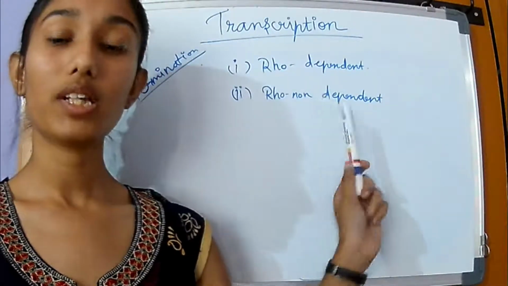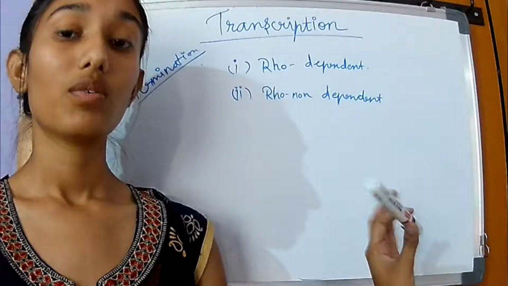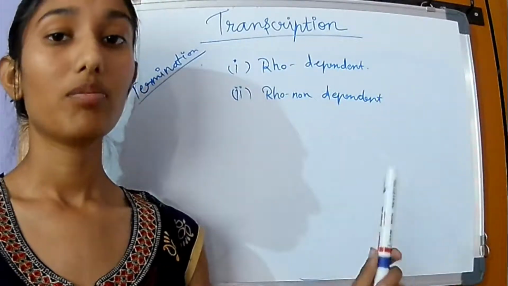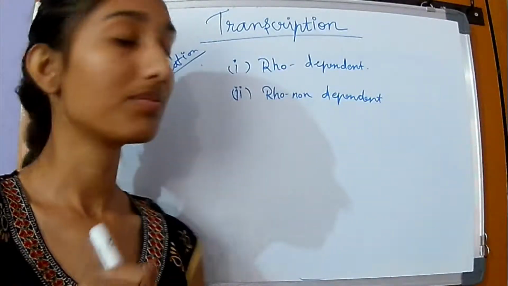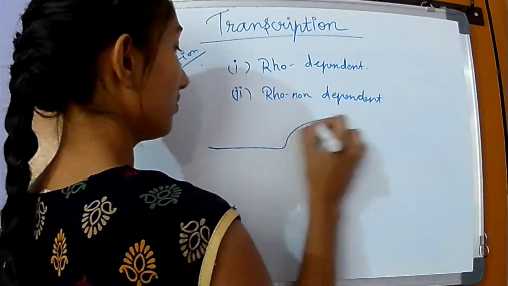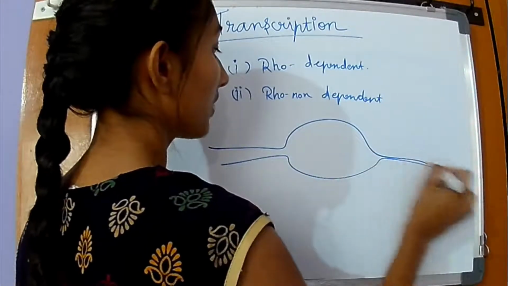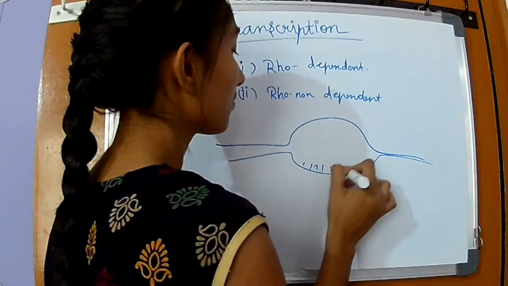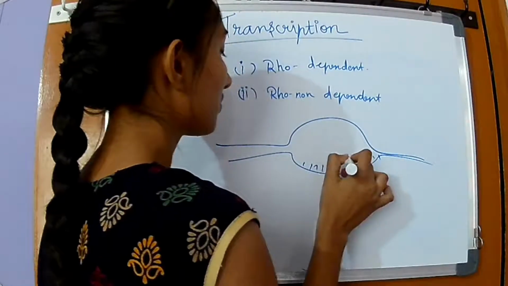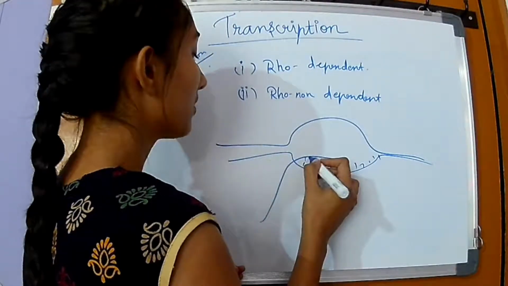Now, as I told you, RHO is a protein which is responsible for the termination. In RHO dependent termination, there will be a RHO protein. This is the open complex. There will be the mRNA.